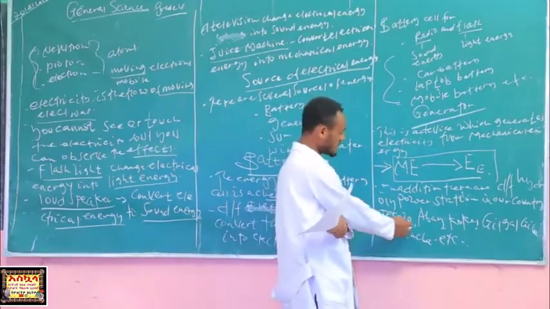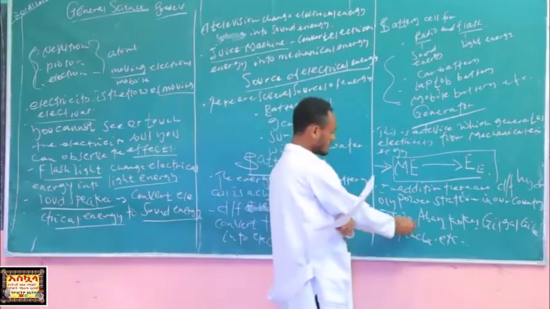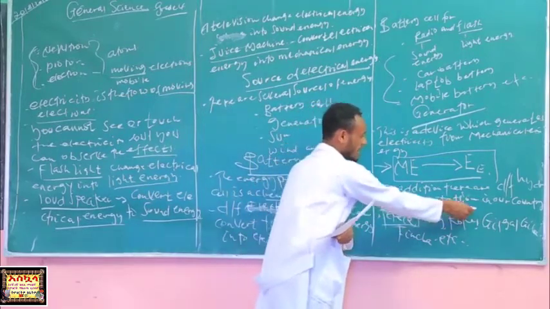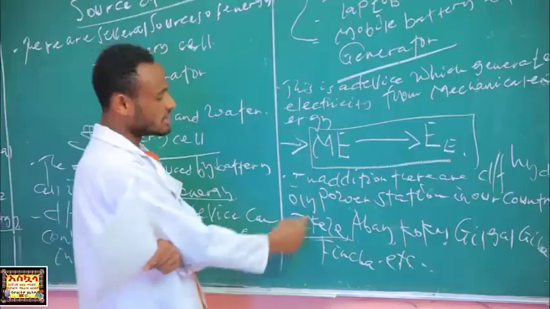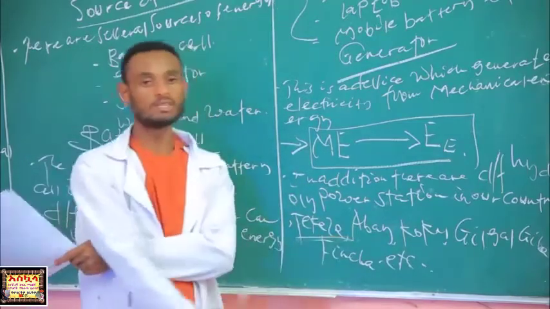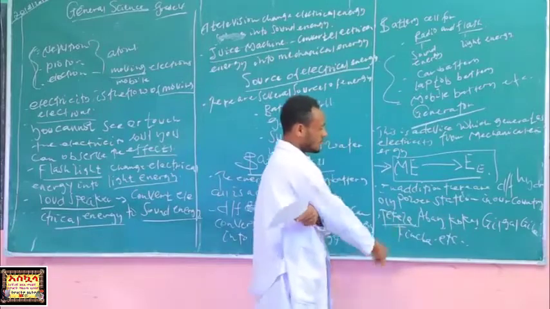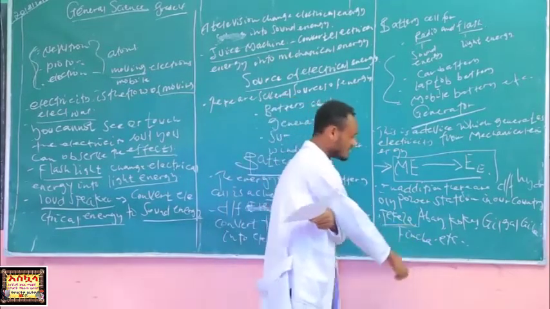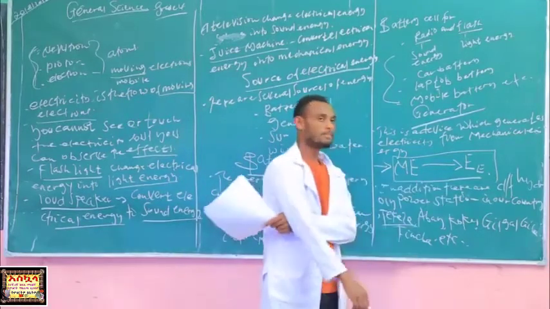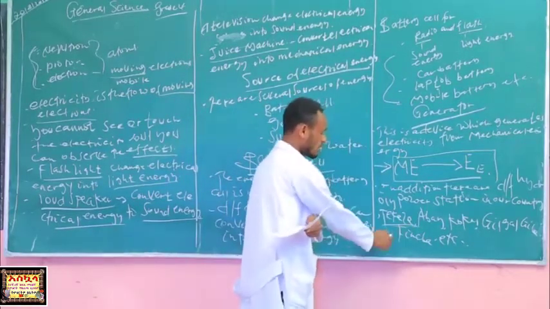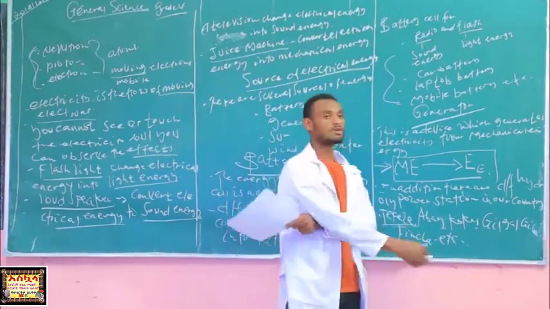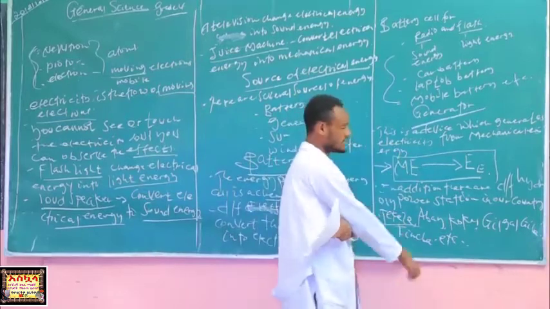So, for example, if you take Takaze, the Takaze waters generate hydroelectricity. These are all found in our country. They can generate electrical energy in our country. So Takaze, Abai, Koga, Gilgal, Fincha, and others can generate energy for us.